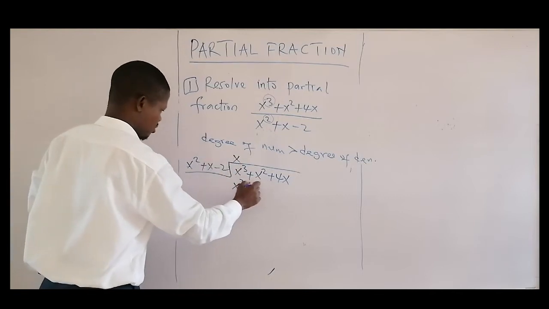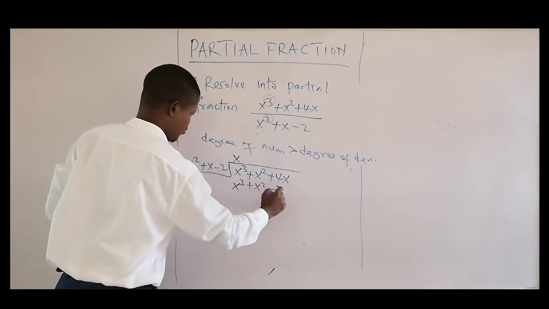So if you use x times this one, you have x cubed plus x squared minus 2x.